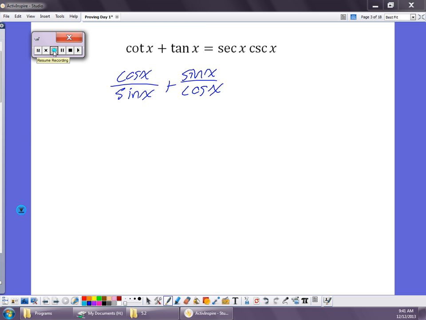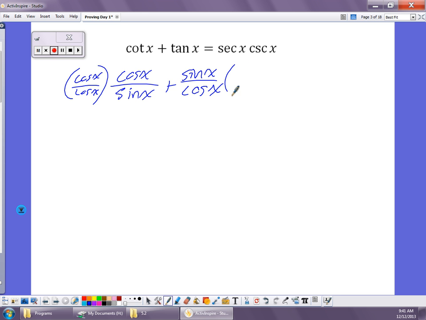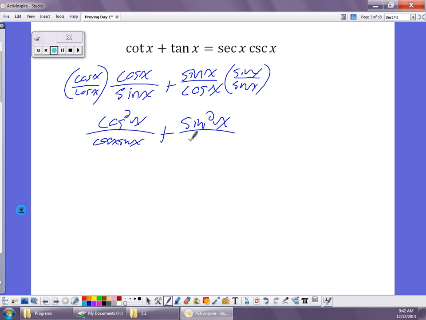So, like I said, the first step is to get a common denominator. So I multiply by cosine over cosine, multiply by sine over sine. So you get cosine squared x over cosine x sine x plus sine squared x over cosine x sine x. I have it over the same denominator now, so I can make it one fraction.